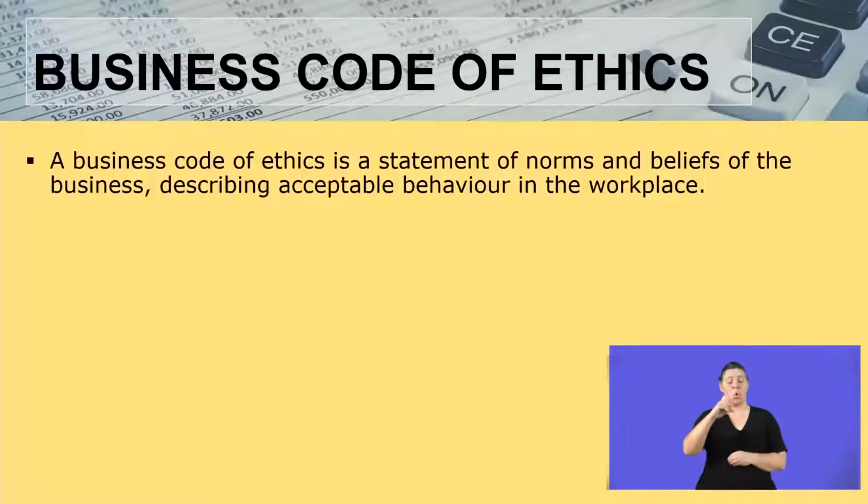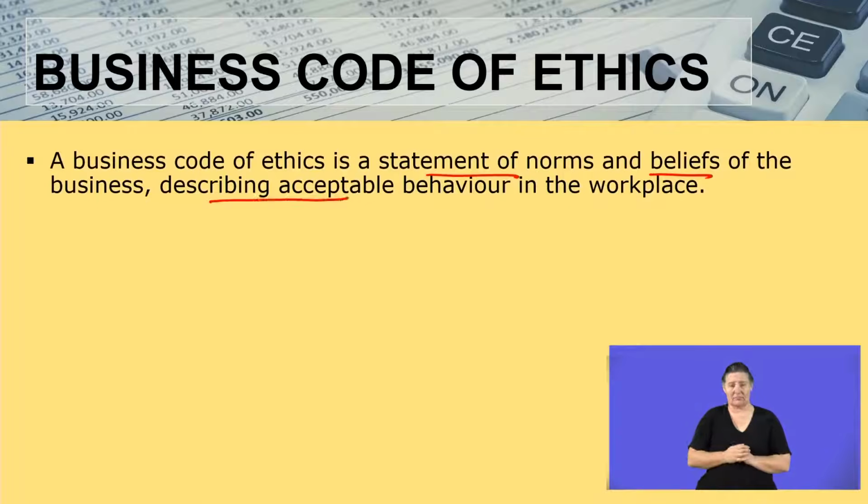Now, we also need to know the different types of business ethics. Okay? Let's see the first one. Business code of ethics. A business code of ethics is a statement of norms and beliefs of the business, describing acceptable behavior in the workplace.